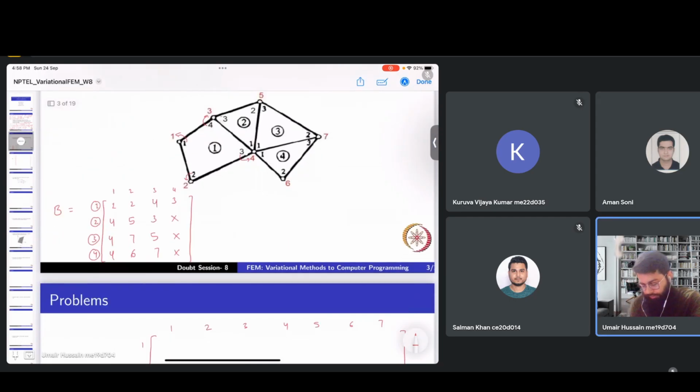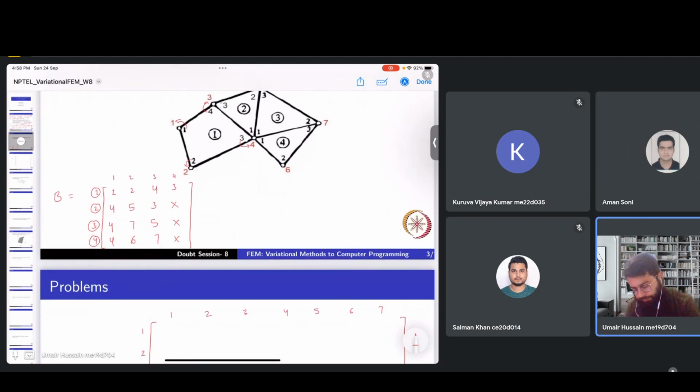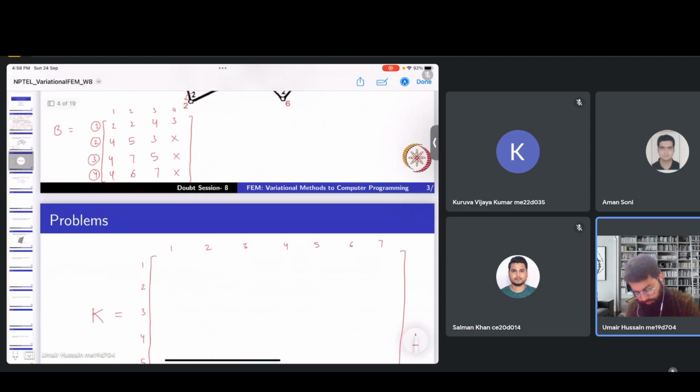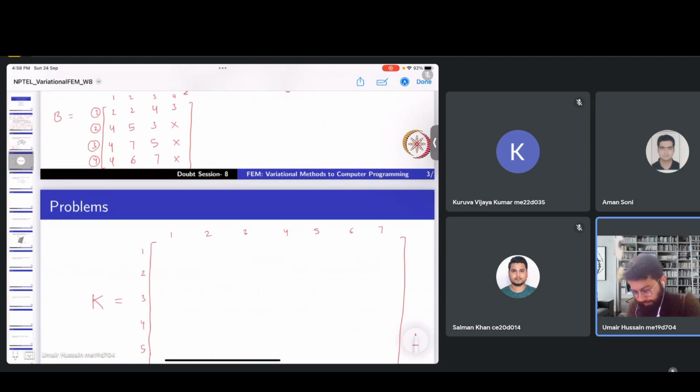We'll start with the first row. Okay, so we'll do K11.